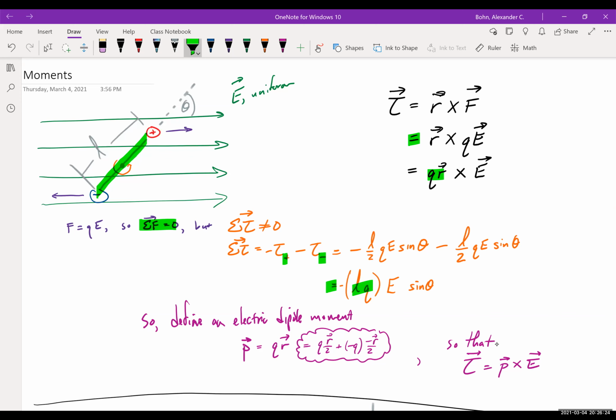So let's give that first part a name. Let's define it as an electric dipole moment. I wanted to make that this color, the color of the definition.